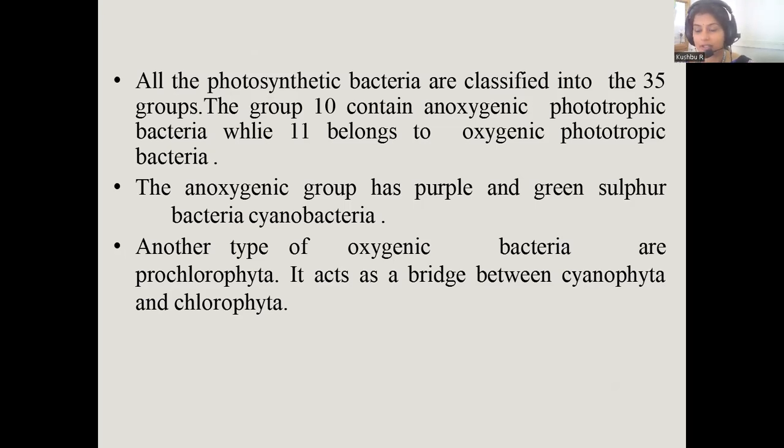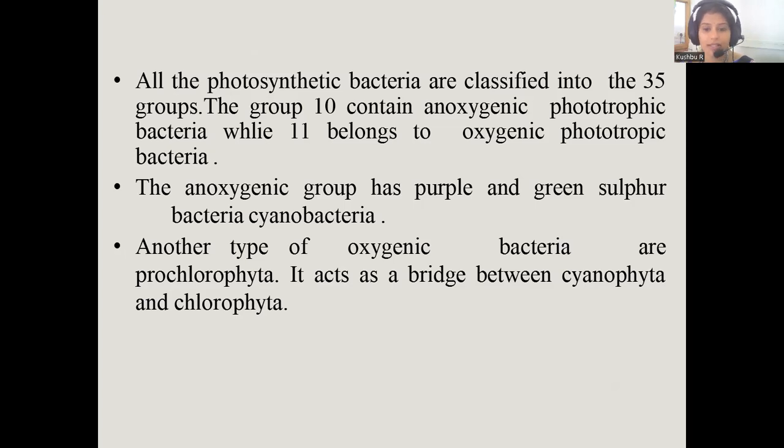Under green bacteria, we have green sulfur bacteria and green non-sulfur bacteria. Under purple bacteria, we have purple non-sulfur bacteria and purple sulfur bacteria, and heliobacteria also. These are the three important examples of anoxygenic photosynthetic bacteria, that is green bacteria, purple bacteria and heliobacteria.